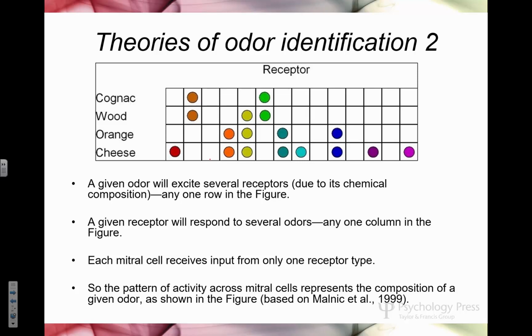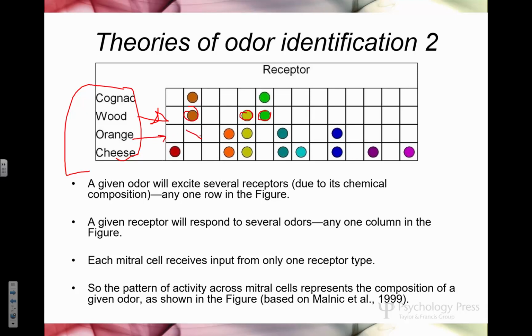Here are 4 odors everyone's familiar with: cheese, orange, wood, and cognac. It's an odd combination. So if you take a look at this and you think, oh, I'm smelling some wood, it activates this receptor type and these 2 other receptor types as well. Then I'm smelling an orange.